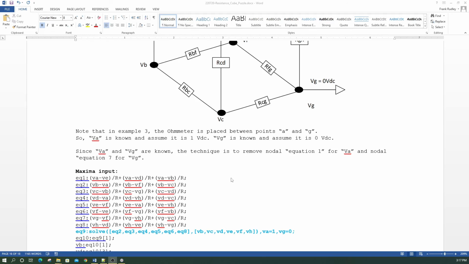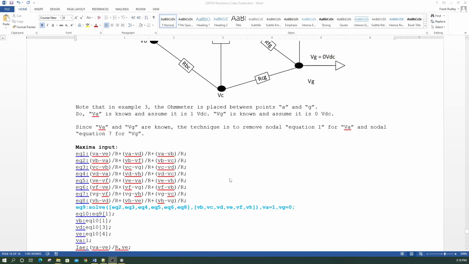Because there are 2 knowns in nature, if I just had that cube floating in the air with nothing connected to it, you can't solve it because there's nothing measuring. You have to put some voltage through it. So I have to know at least 2 voltages on that cube to make the equations linearly independent so I could get a solution.